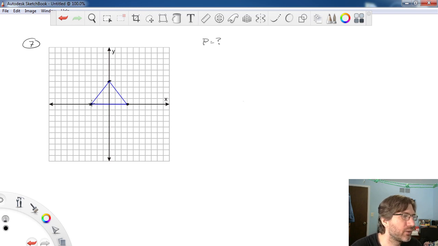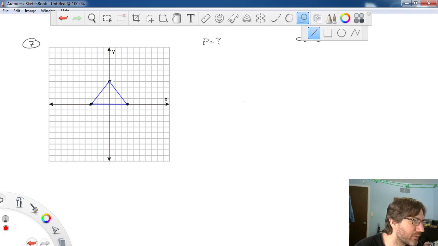Again, you're going to be using your Pythagorean theorem, so a squared plus b squared equals c squared. You can see this triangle here. I'm going to do it over this way because all my lines are going to be on top of each other with that axis there.